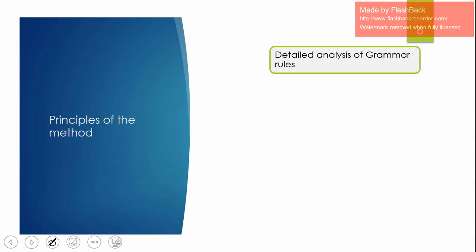A lot of importance has been given to the analysis of grammar rules of the target language. You will learn the rules of grammar from the target language to the native language. Like we study when a sentence has ta hai, ti hai, te hai, then we will do this.